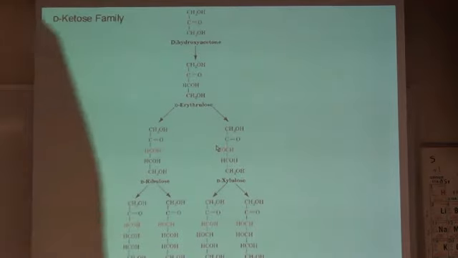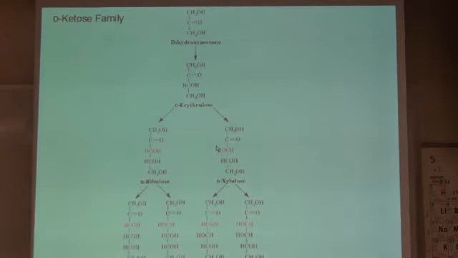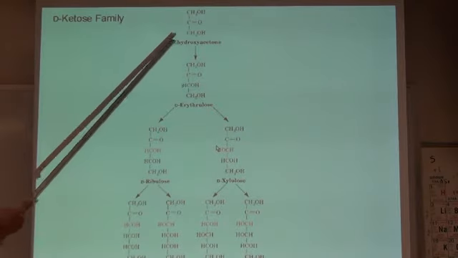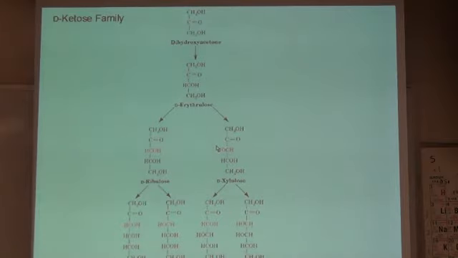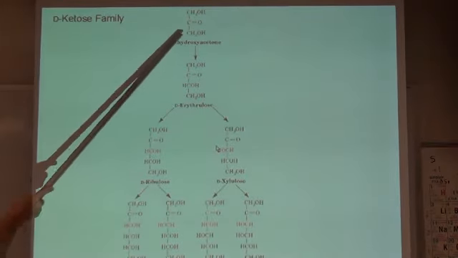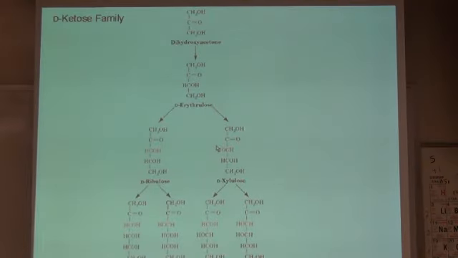Here's the ketose family. Notice it's much smaller because when we arrange our ketone group in our Fischer projection, notice that the C double bond O is not carbon number 1, it's carbon number 2. Because you can't have a ketone with a C double bond O on carbon number 1.